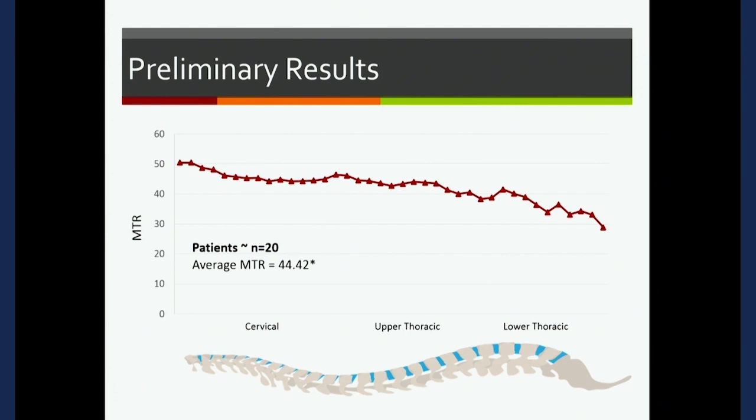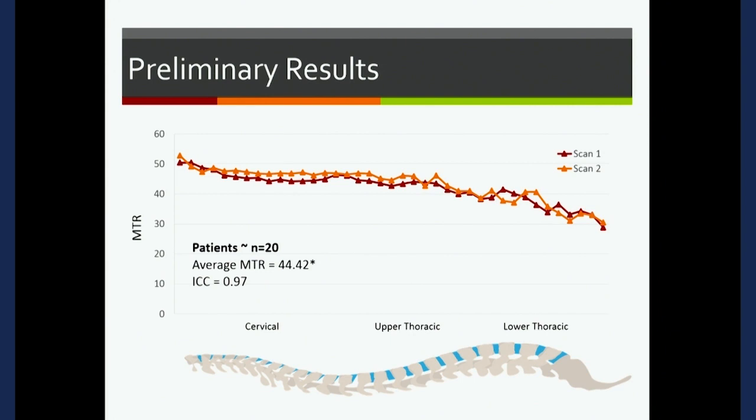Then to make sure that our technique is actually reliable, we scanned everybody twice, and we got pretty good results in our reproducibility. The ICC of 0.97 stands for intra-class correlation coefficient, which is a measure of how well your technique performs between scan 1 and scan 2.